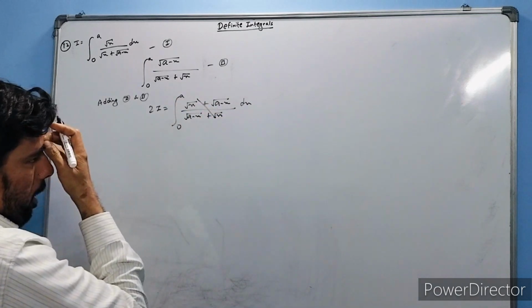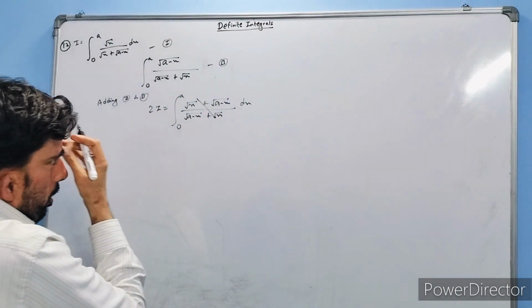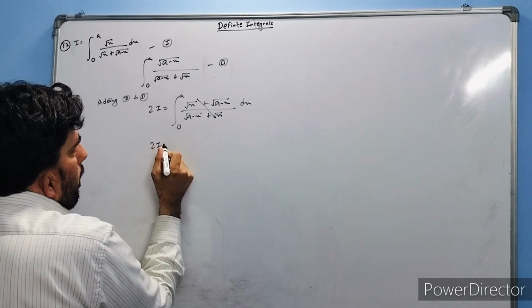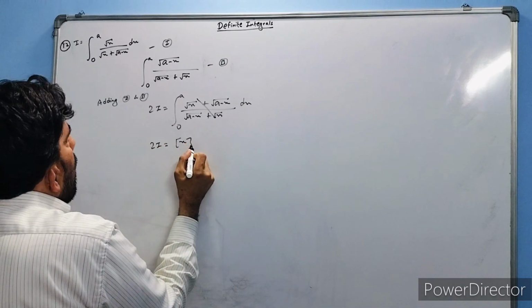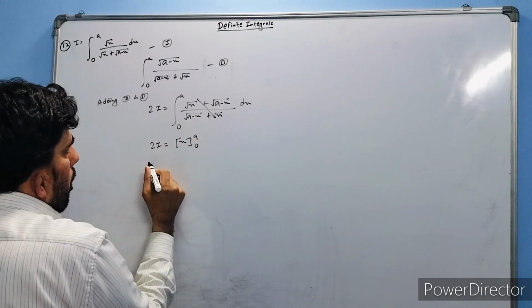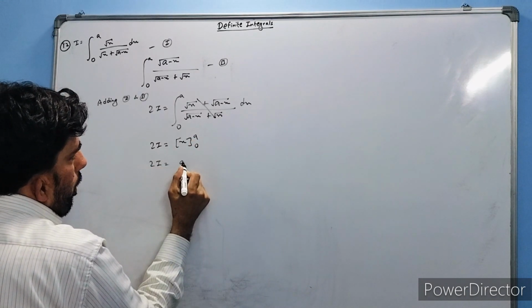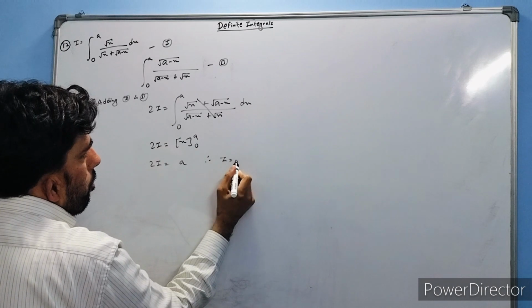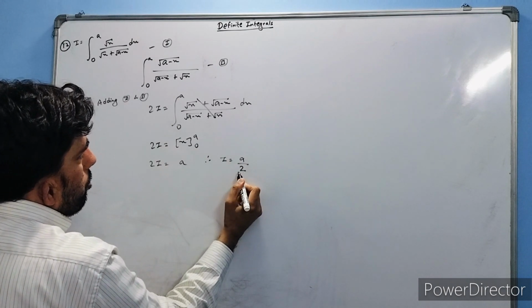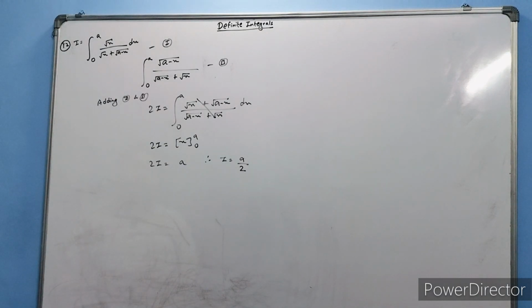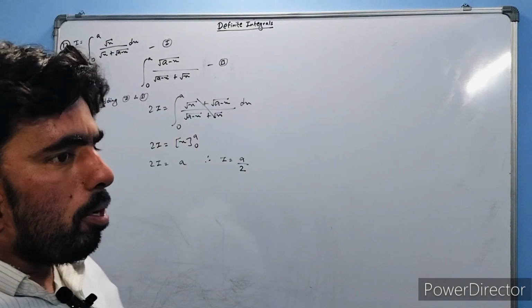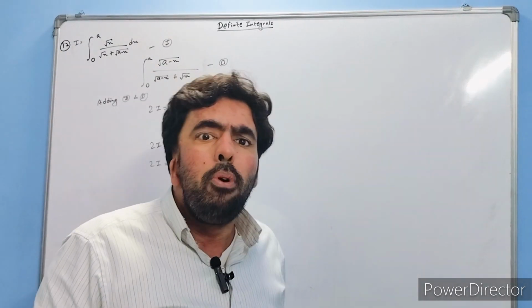I've got 1 only, that is x. So now 2I is equal to x we have, and here we have 0 to a, so I got 2I is equal to a, therefore I is equal to a upon 2. Okay, so likewise we can solve definite integrals using the following properties.